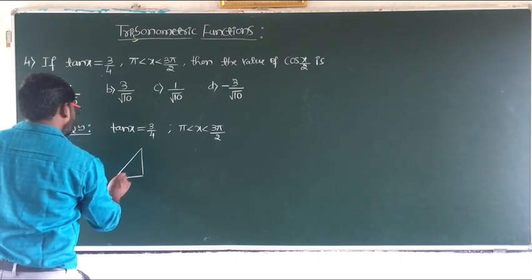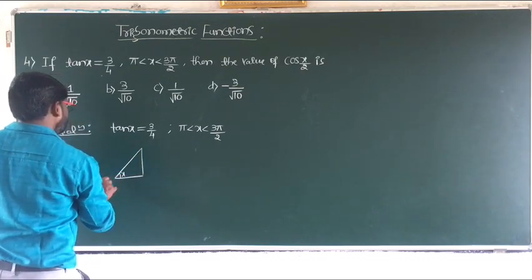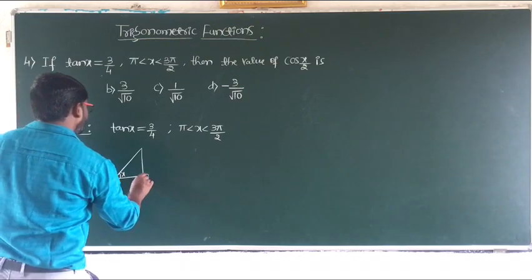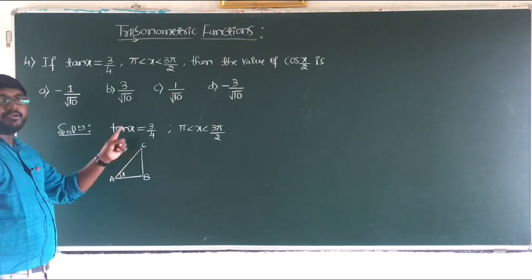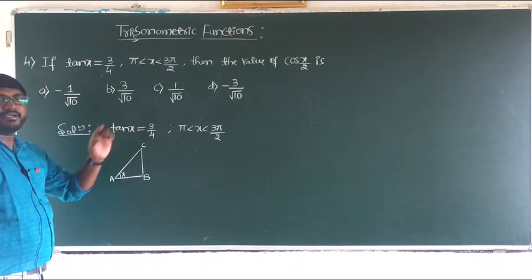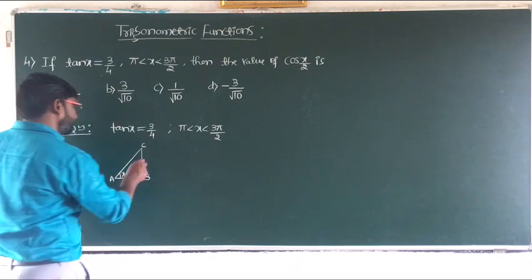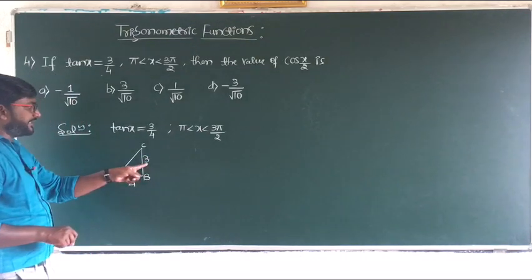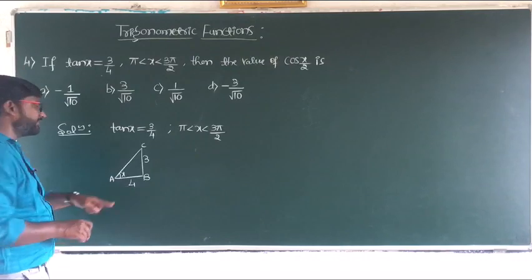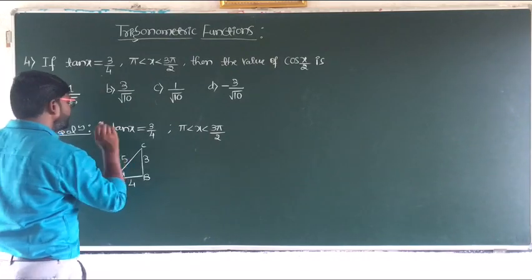So this is angle x, then A, B, C. So now opposite by TOA, that is tan, opposite by adjacent. So this is opposite, adjacent will be this one. So if this side is 3 and the adjacent is 4, then hypotenuse will obviously be 5.